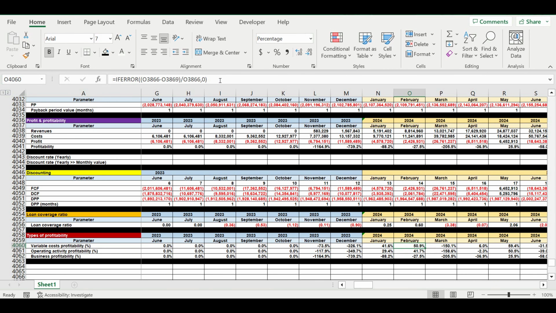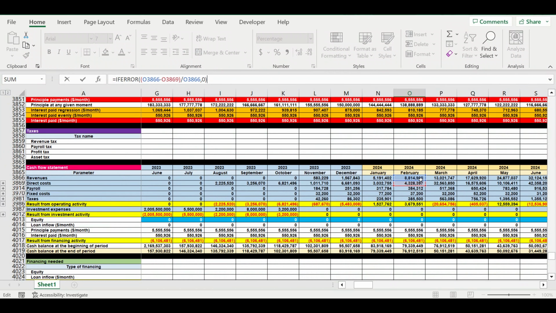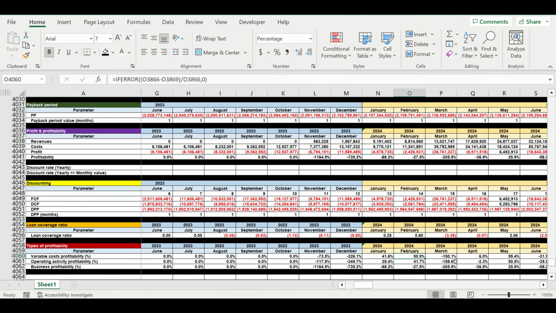If this type of profitability is already, let's say, 5%, 7%, so it is low, this means that you have a very small gap for adjusting the business parameters if something goes wrong with your business idea, if something goes wrong during the operating activity.